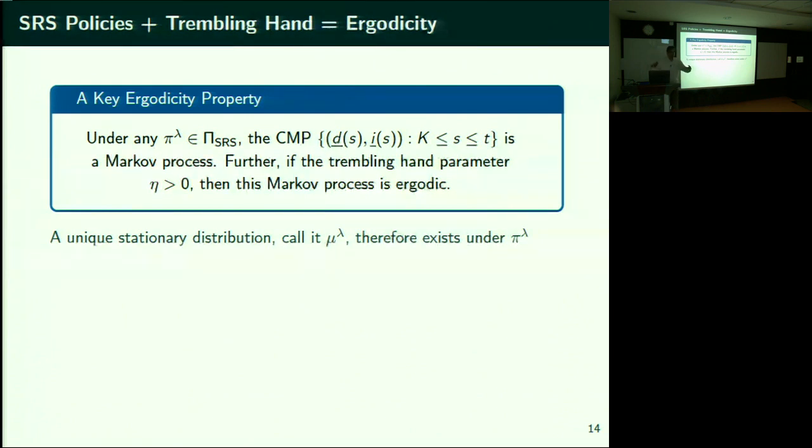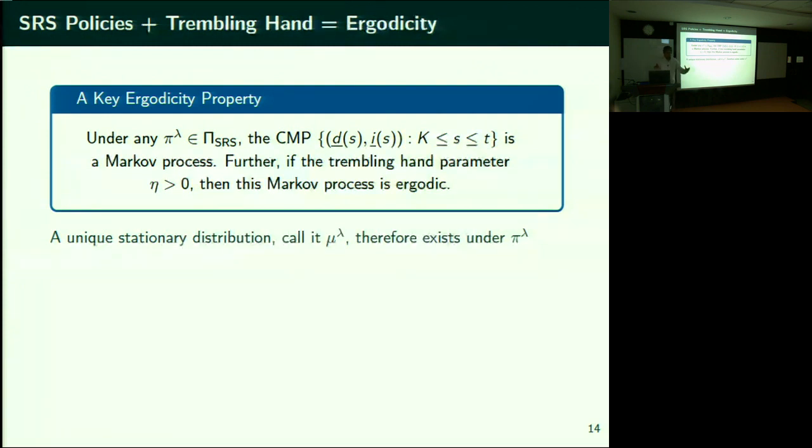So the state of the system is evolving in a Markovian fashion. You are applying controls, the evolution is Markovian and it's ergodic. As time approaches infinity, it's going to reach some stationarity. Let's call the stationary distribution mu lambda.